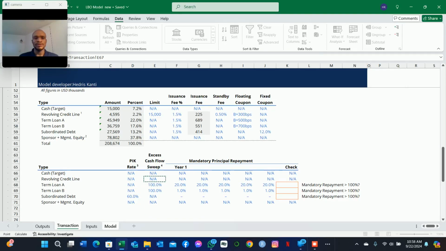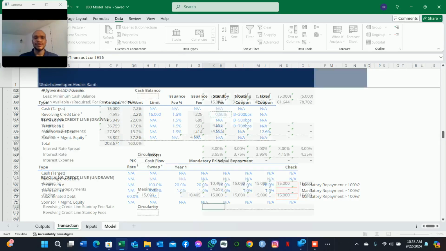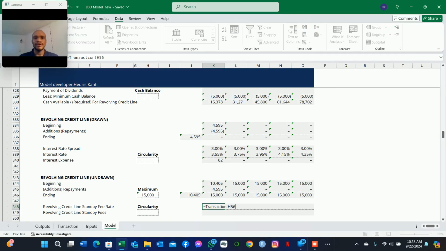During the time this private equity signed up for the agreement, they had the standby fee, and we have it here as 0.5%. So we have to reference that there. Make sure that we have it anchored with F4.